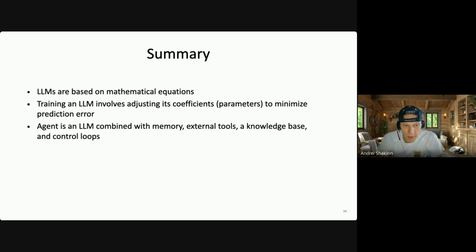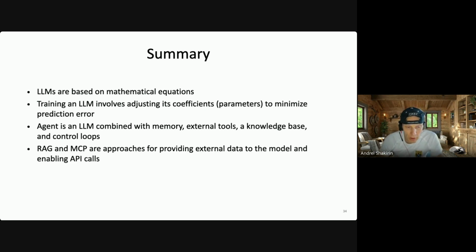An agent is an LLM plus something necessary to fulfill a task for a concrete domain. It could be memory, some external tools, a knowledge base, and an agent can make a number of loops to deliver the final answer.